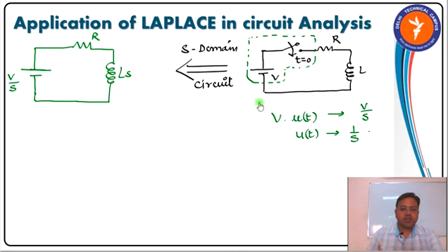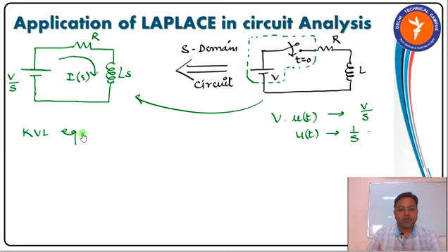Now see, this circuit has been transformed. This circuit does not have any switch, so it will be very easy for us to solve. Let us say the current flowing into the circuit is I of S, and let me write down the KVL equation for the loop.